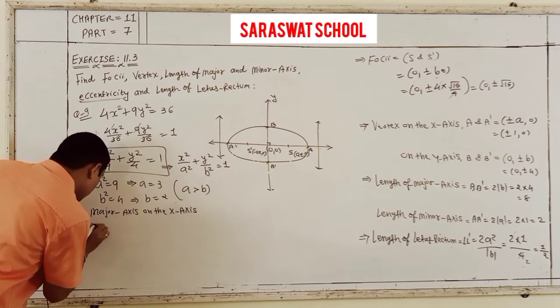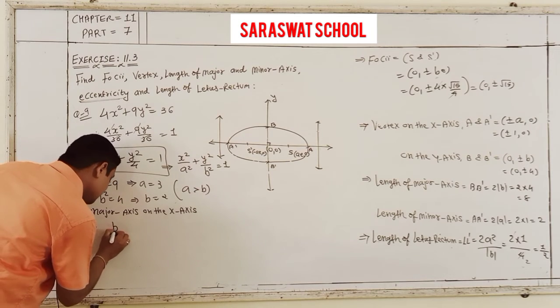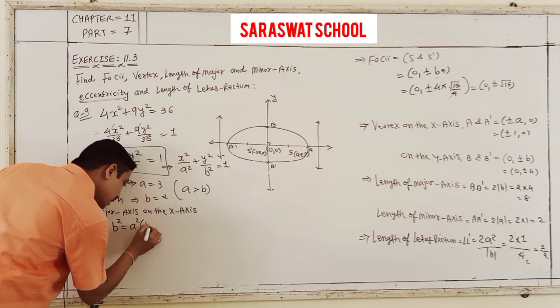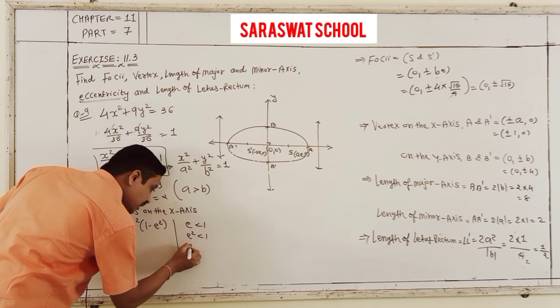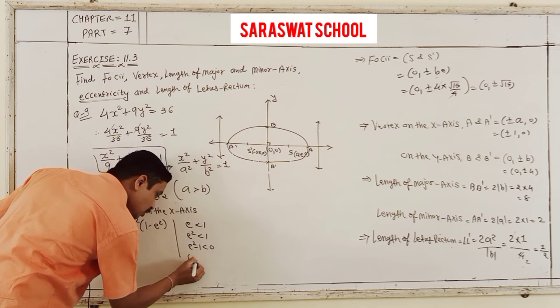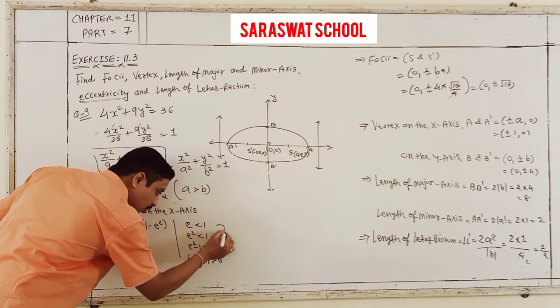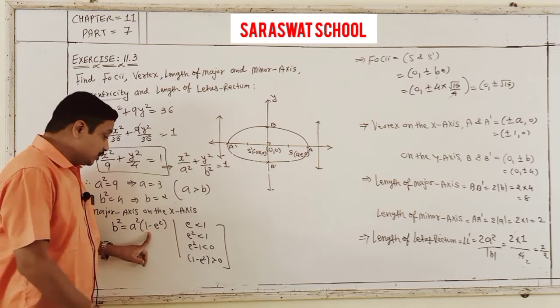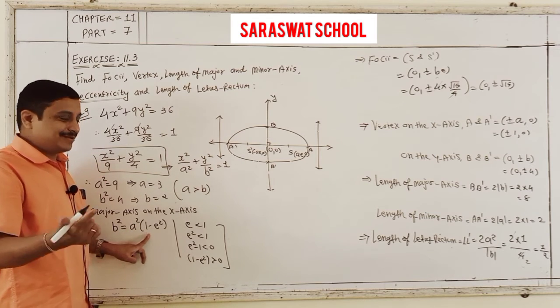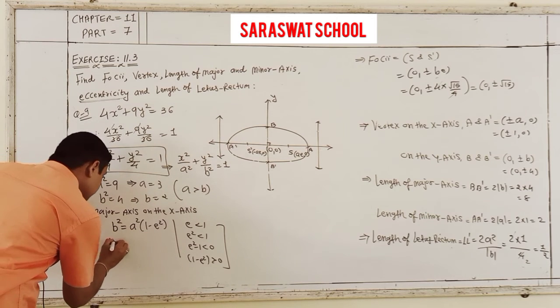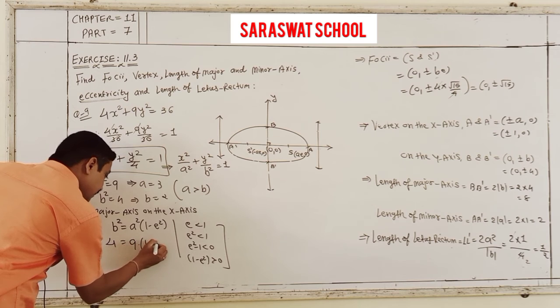Now we are going to formula number 3. b square is equal to a square into 1 minus e square. e is less than 1, e square less than 1, so 1 minus e square is greater than 0. Always write the positive case here. You never write e square minus 1, otherwise the square value is negative, which is not possible. Now b square I have 4, a square 9.